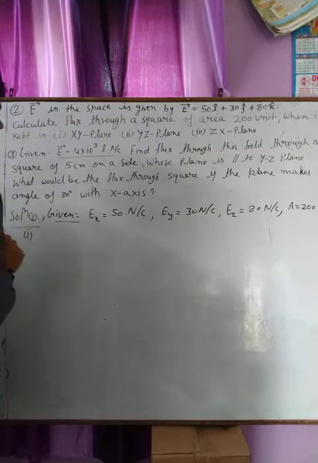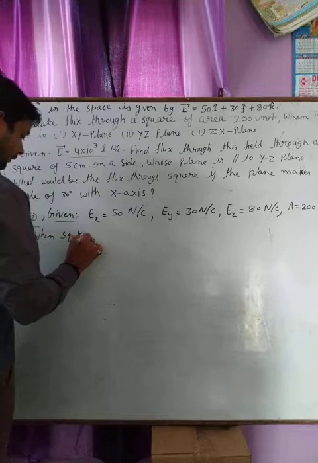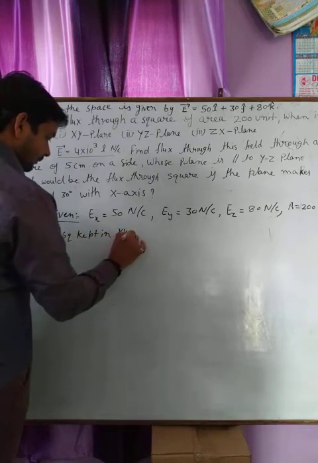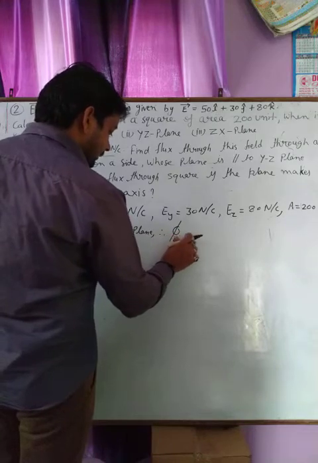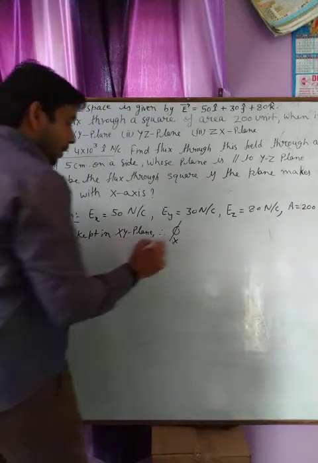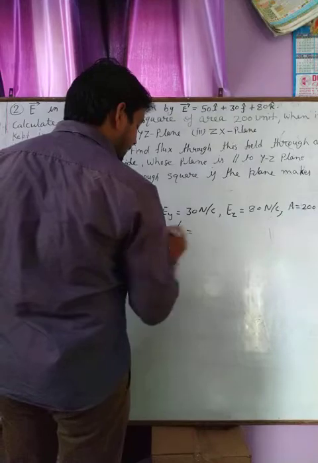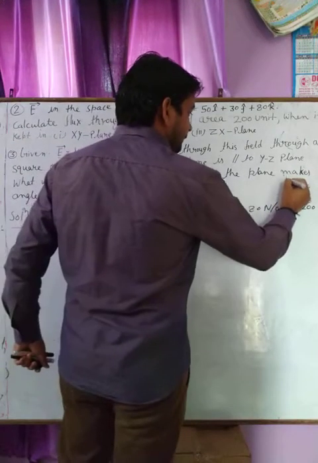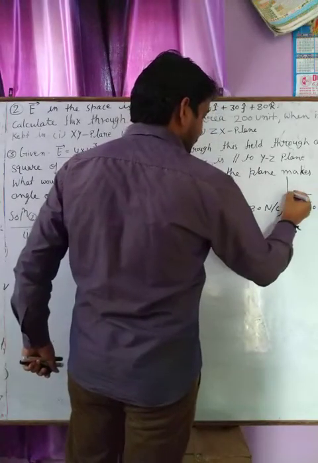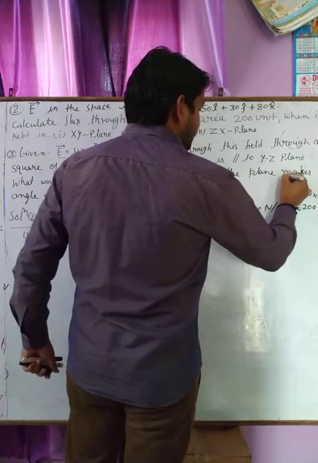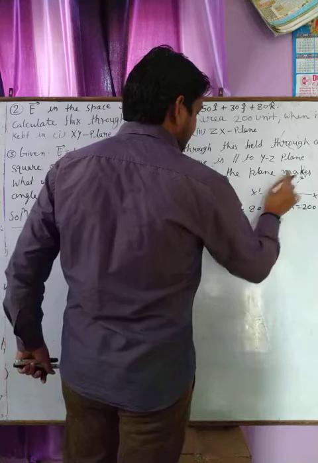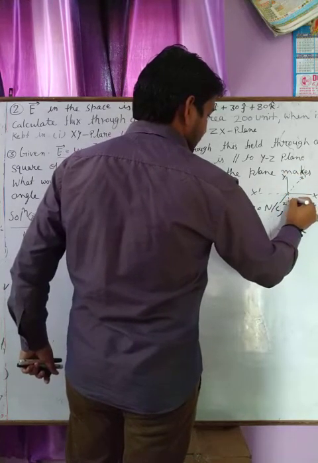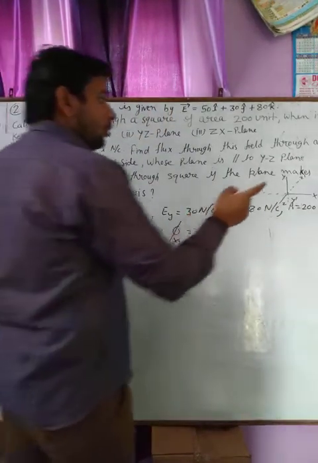First point is when the square is kept in the XY plane, therefore the flux in the direction of X. The flux in the XY plane is given by, student, we have the system, and you all know X, Y and Z. Okay, all planes are perpendicular to each other.